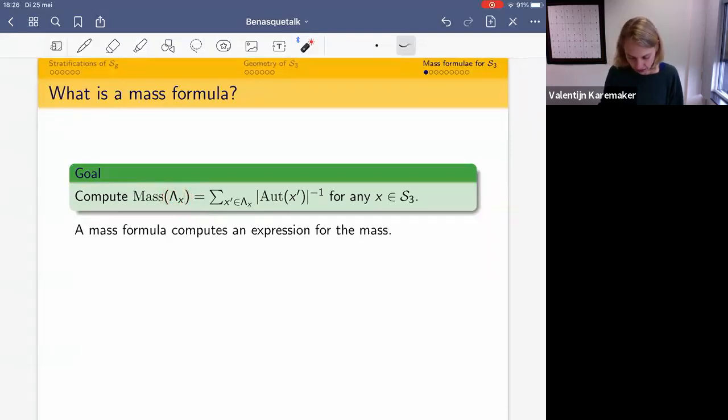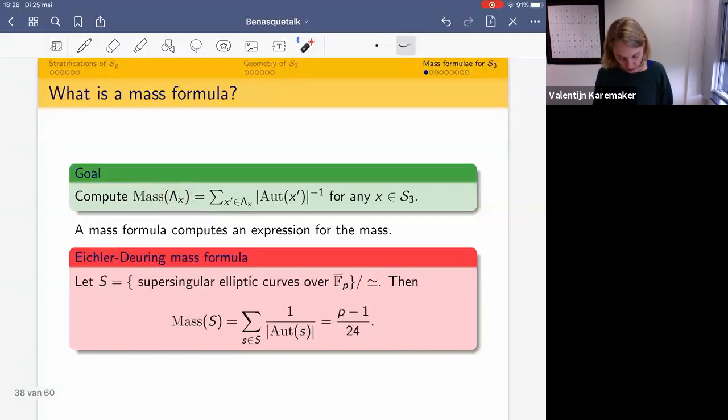To make that a bit clearer, here's an example of a mass formula, a very famous one by Eichler and Deuring. It says that if you let your set S be the set of all supersingular elliptic curves over F_p bar up to isomorphism, then the mass of this set, the weighted sum by the automorphisms, is (p-1)/24. So a very neat expression.